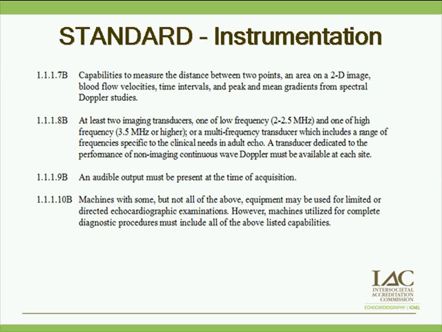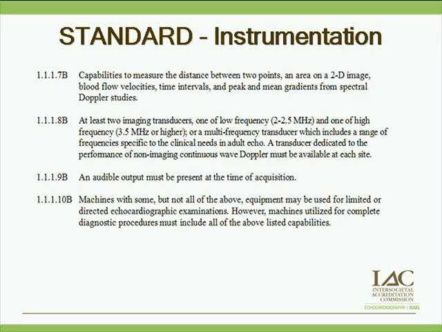Or, as most equipment I think has, a multi-frequency transducer, which includes a range of frequencies to meet the needs of adult echo. You also must have a transducer dedicated to the performance of non-imaging continuous wave Doppler studies available at each site. This is that dedicated CW probe, that PEDOF, whatever you want to call it, you have to have one available at each site.